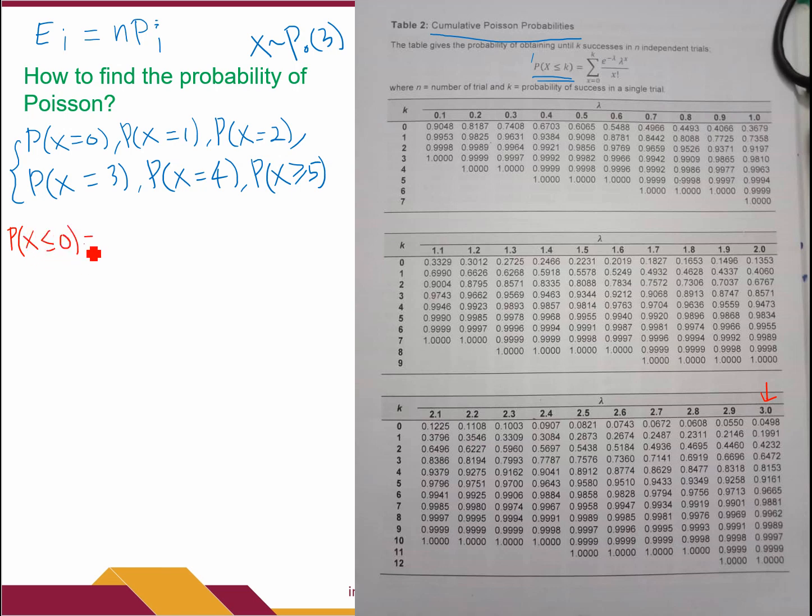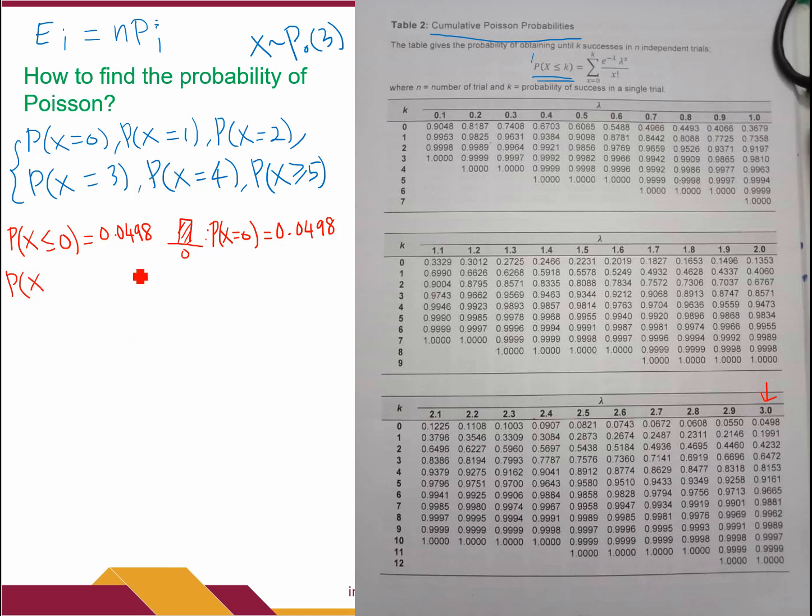The value is 0.0498. So what does this mean? This means we have the value of 0, and below that is 0.0498. However, 0 is the lowest value. So that also means your Px is equal to 0 is equal to 0.0498.